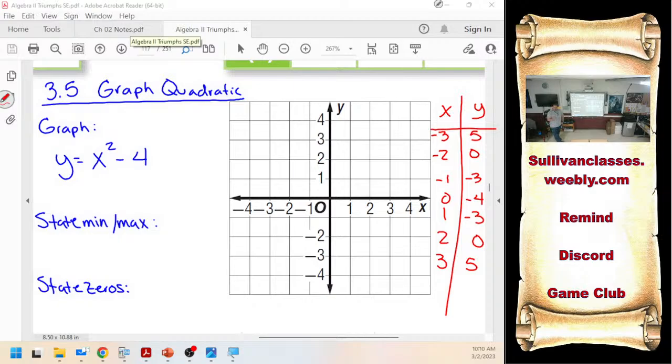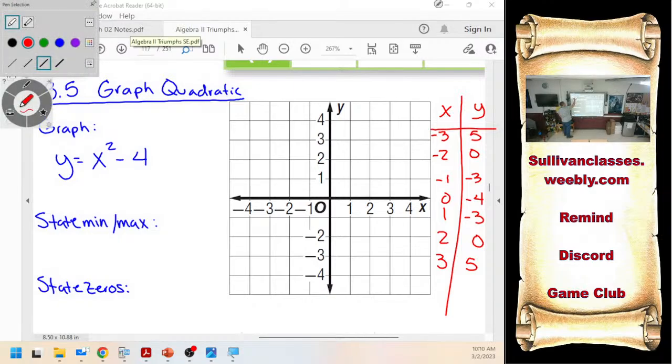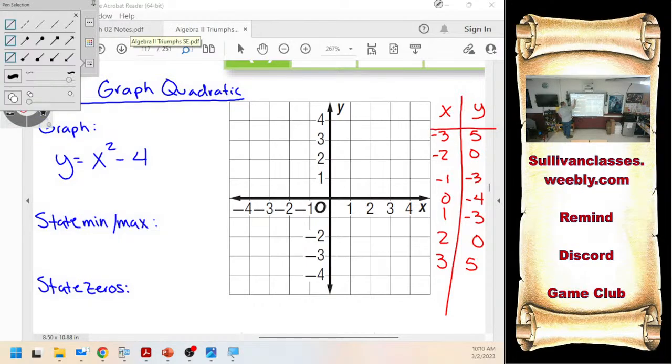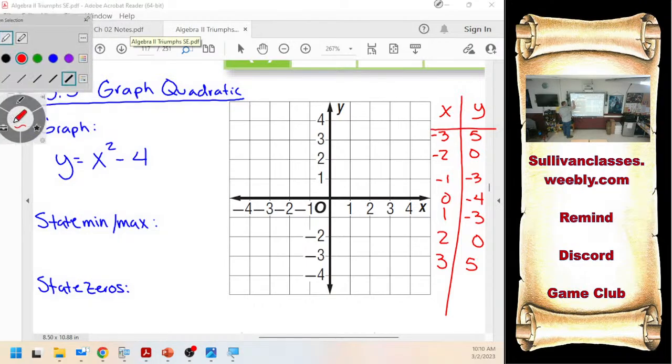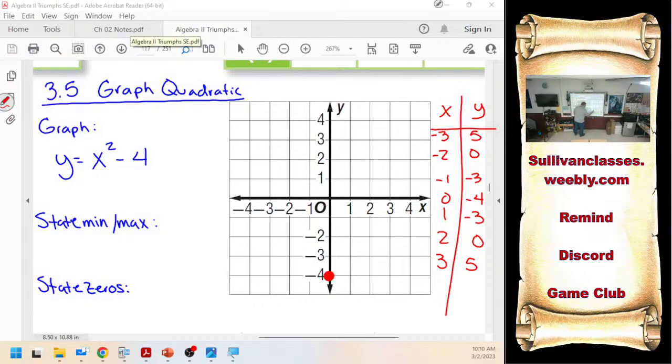It's about the process. Your graph should look kind of like this. Okay, so table and graph.